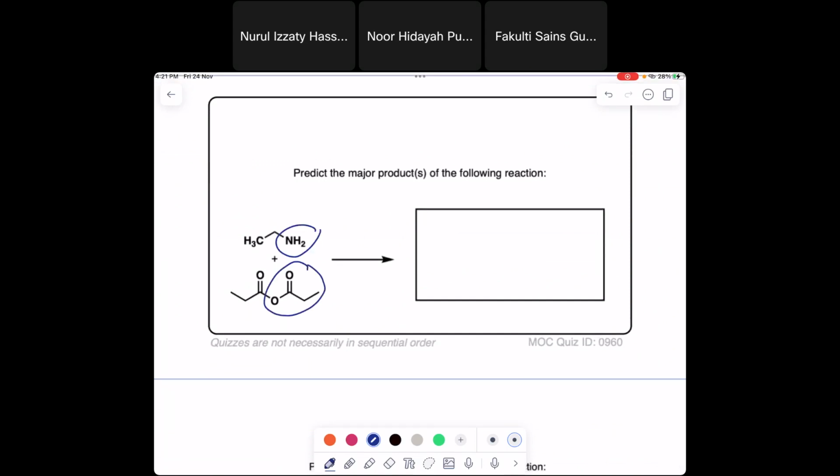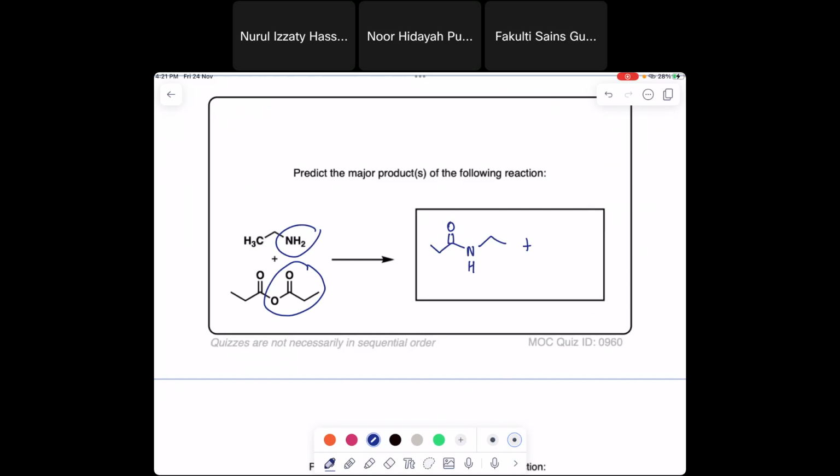Anhydride react dengan amine. Jadi apa? Jadi amide lah kan. So, jadi amide and what? Kan kita kena tengok kat sini kan. So kalau kita tengok kat sini, NH, plus your carboxylic acid.